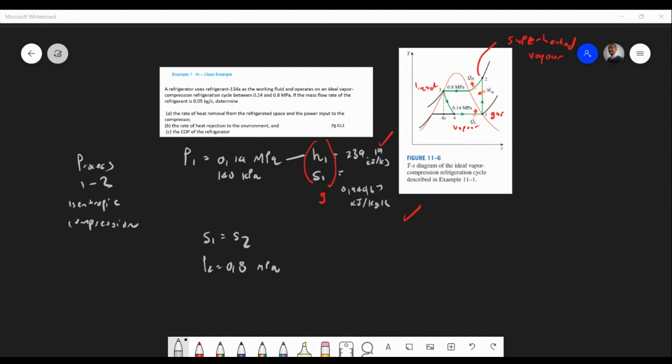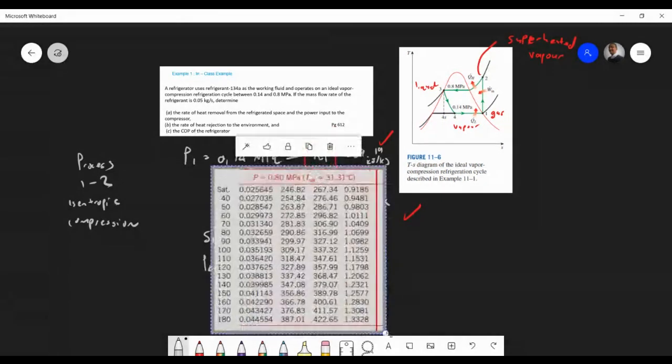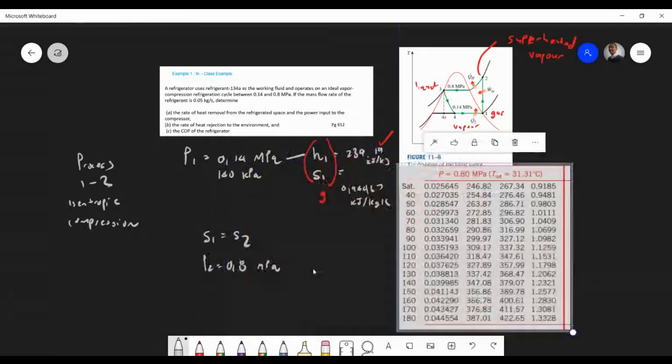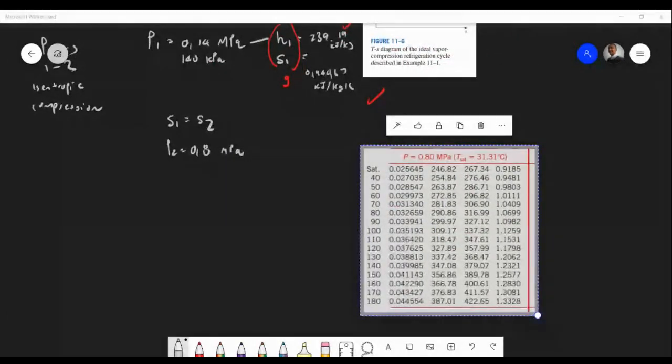It seems difficult, but it's not. I know Ernest is a specialist in this one. So you find 0.8, boom. What you're probably missing is the top of the table, so I'll get it for you quickly so that you can see.